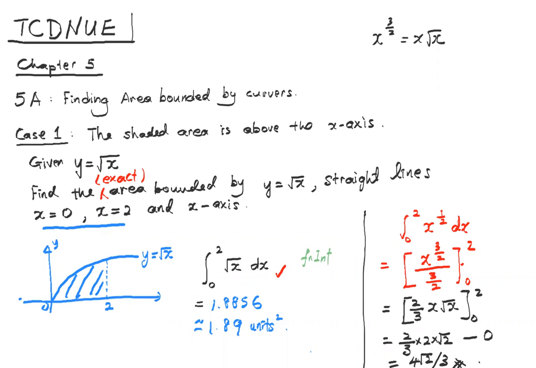If the function is too complicated, usually we don't ask for exact value. We'll just say find the area bounded by the curve. So bear in mind, definite integral, if the area bounded by the curve, the whole thing is above the x-axis, the definite integral represents the area bounded by the curve. That's case number 1. Okay, got it?